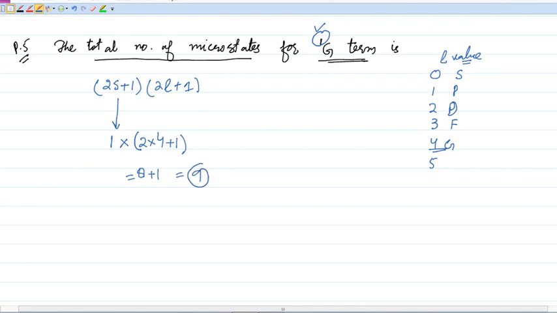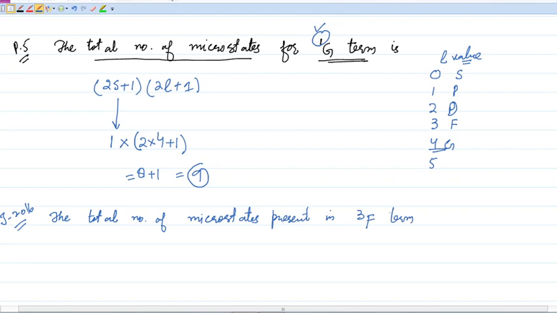One more question we can take. This was basically asked in June 2016. The total number of microstates present in 3F term is.